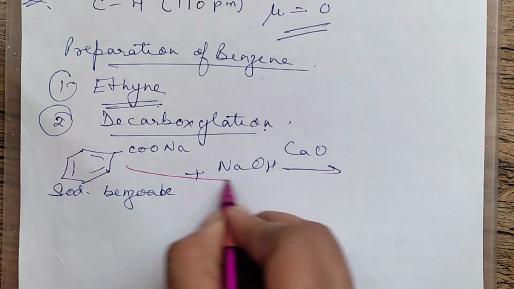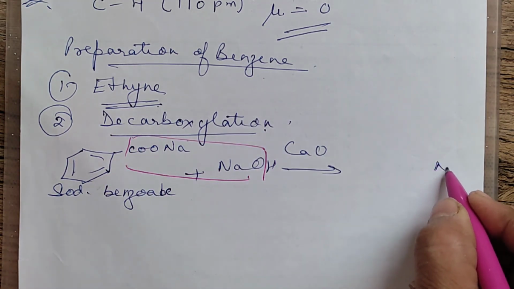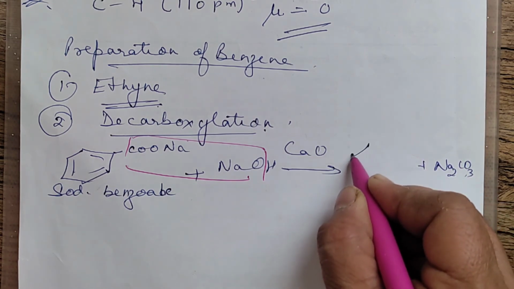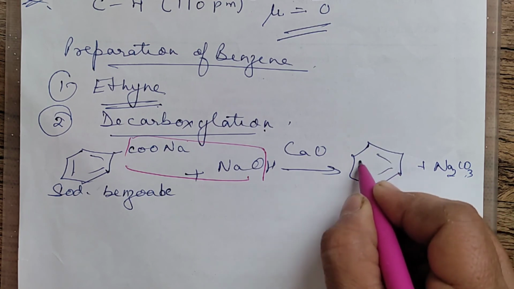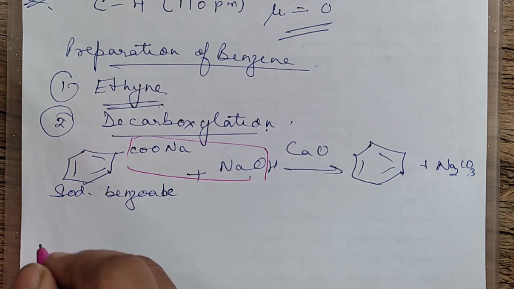So what you get is this part coming out as sodium carbonate, and apart from that what you have is benzene. So benzene can be prepared by decarboxylation of sodium salt of benzoic acid. This is the second method.